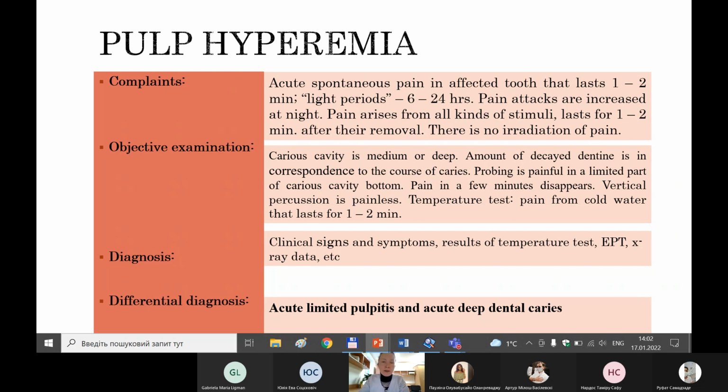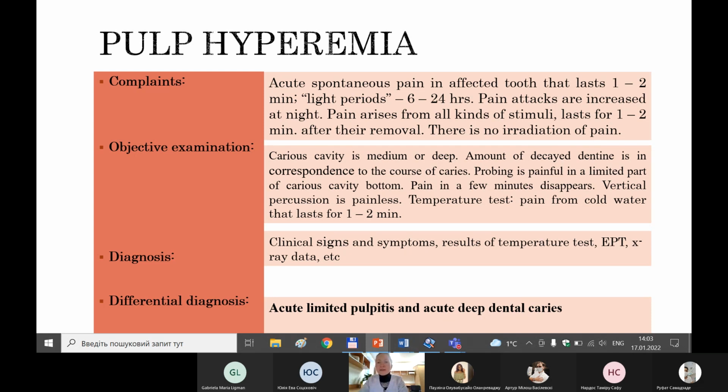When describing any disease, we need to specify the complaints of the patient and the objective examination of the affected area, provide some diagnostic criteria, and give diseases for differential diagnosis. The complaints of the patient in the case of pulp hyperemia are acute spontaneous pain in the affected tooth that lasts 1-2 minutes, with light periods without pain from 6 to 24 hours.